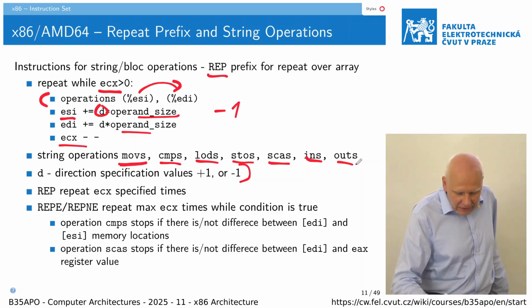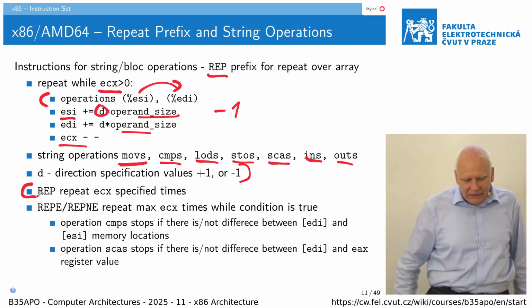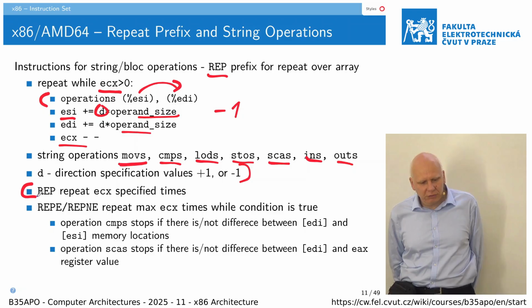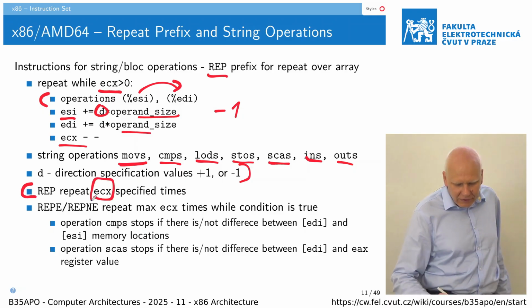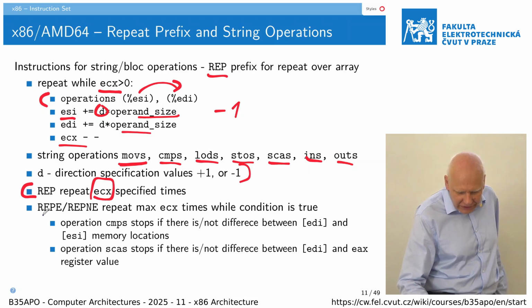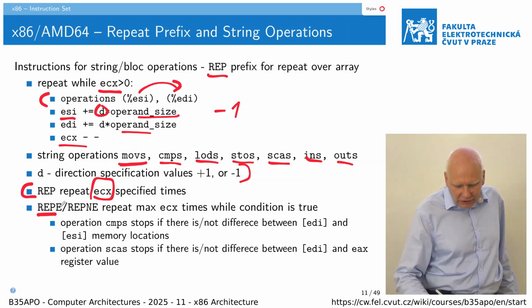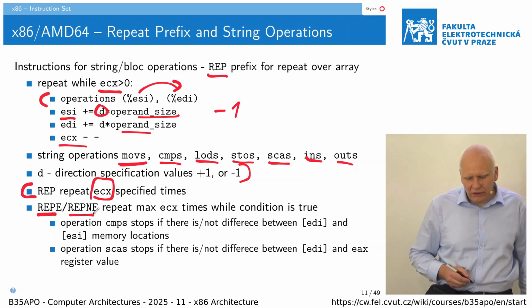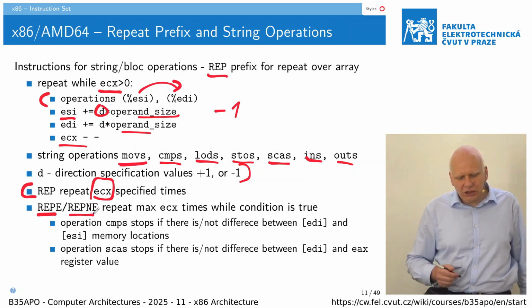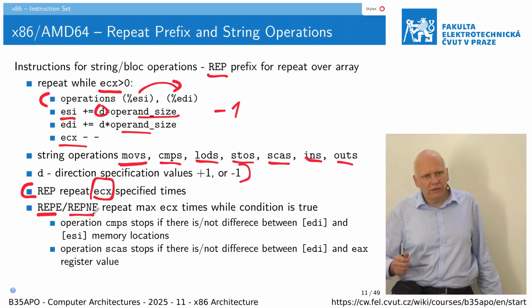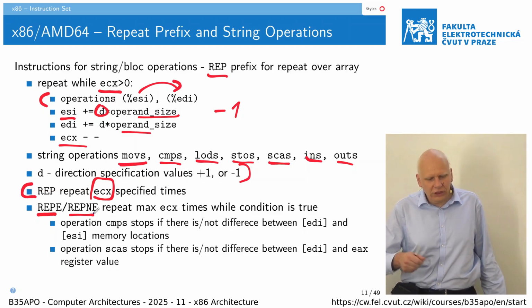And you can combine this with the prefix rep, which means repeat ECX times, or you can even combine those operations with a repeat on equal or repeat on non-equal. And in this case, the operation stops on the first condition which appears.